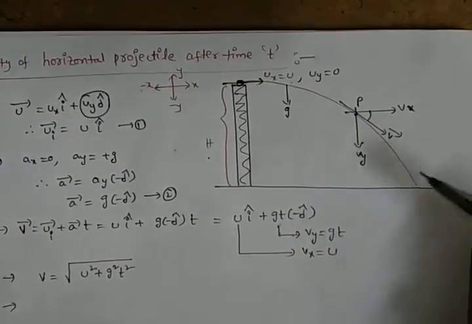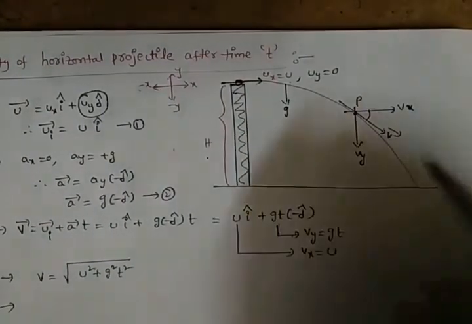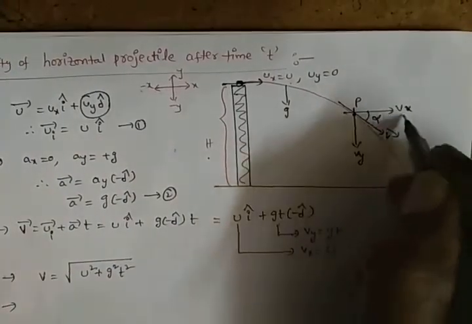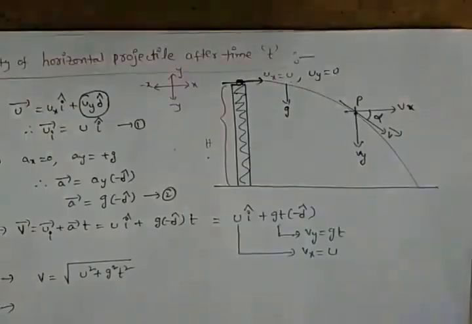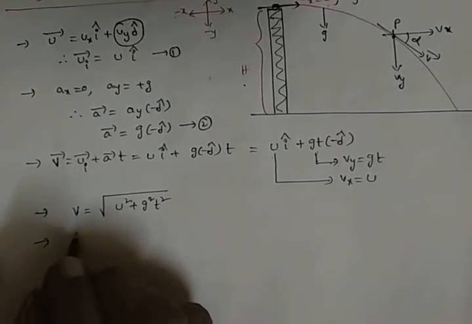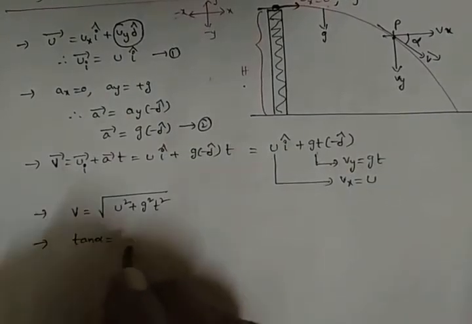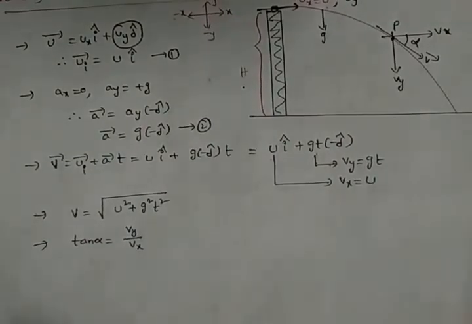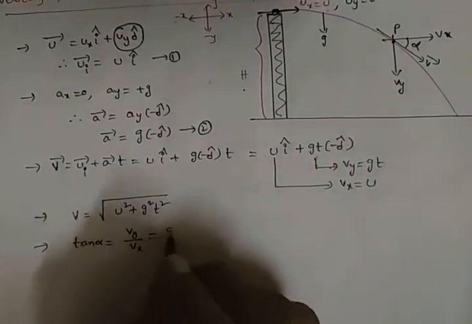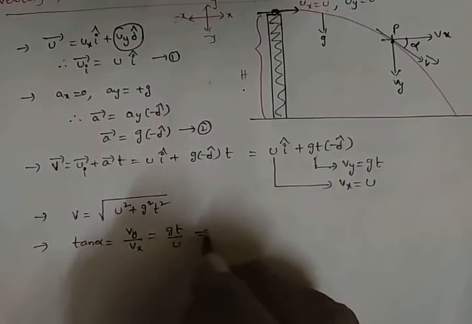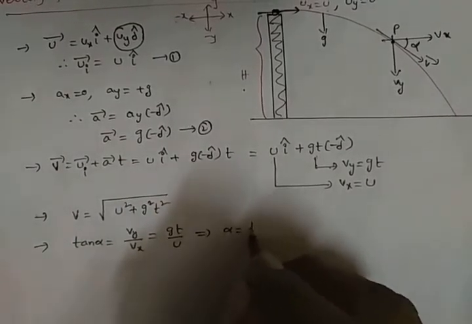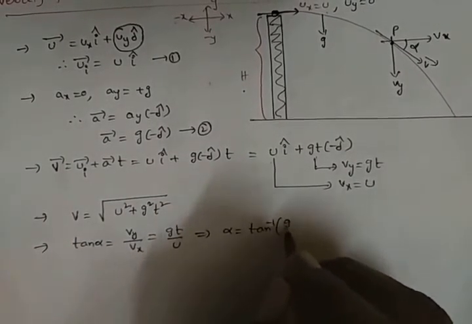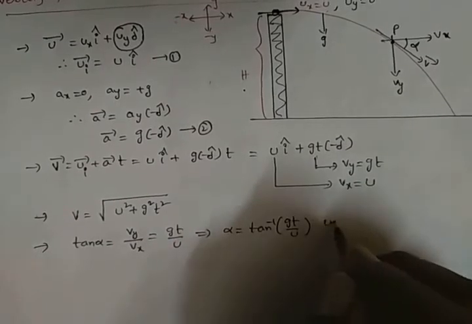Let after time t the velocity vector makes an angle alpha with the positive x-axis. So that's why here I write tan alpha is equal to y component by x component of velocity. So therefore gt by u. So from this equation we write alpha is equal to tan inverse of gt by u with horizontal.